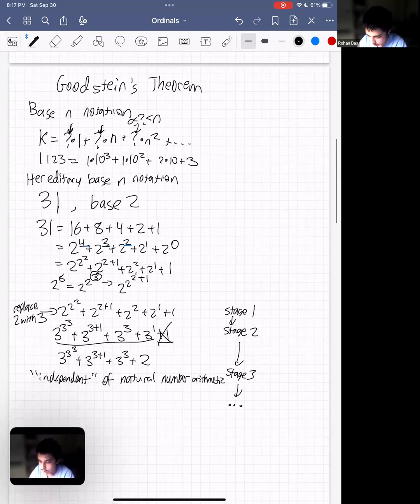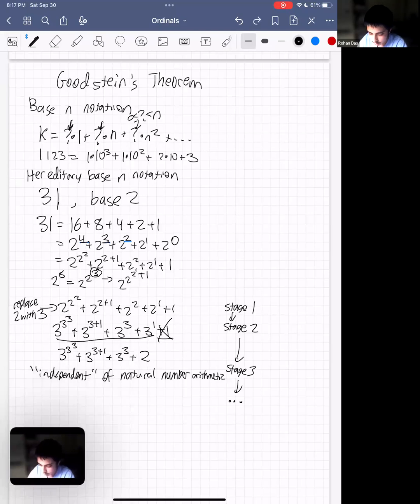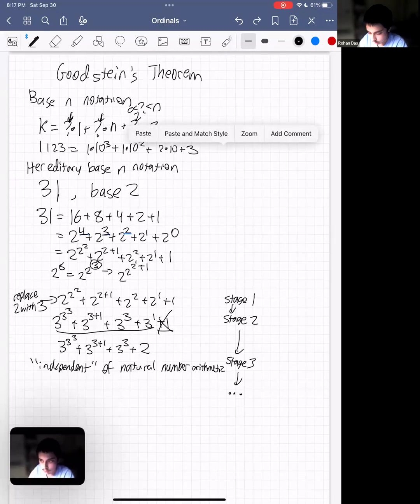But here you have a 2, which is less than a 3, so it can stay in that form for the same reason as why the 1 can stay in this form. And when you go to the next stage, you're replacing only the 3's here with 4's.